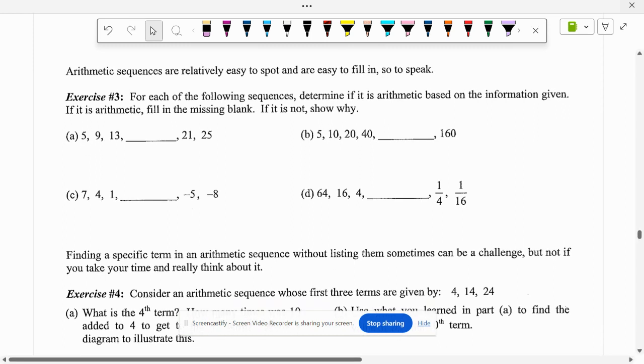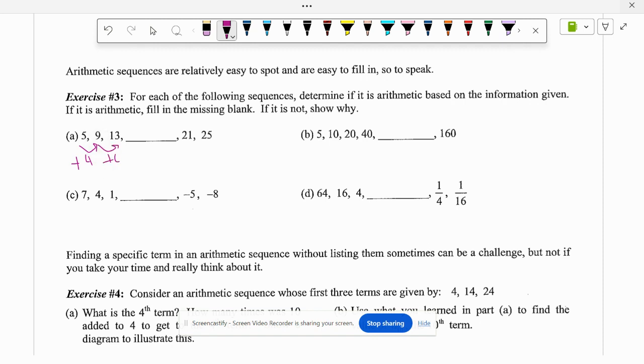So is this arithmetic since I'm adding something, or is it not arithmetic? It's an arithmetic sequence. Each time I'm adding 4. So what is the missing term in my sequence? It's 17. This is 17, and I'm just going to write below it arith. I'm going to kind of abbreviate. This is an arithmetic sequence.